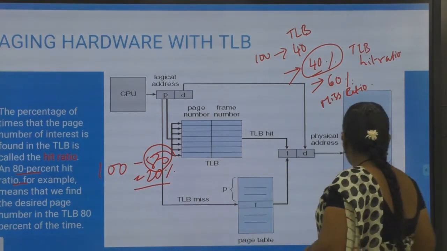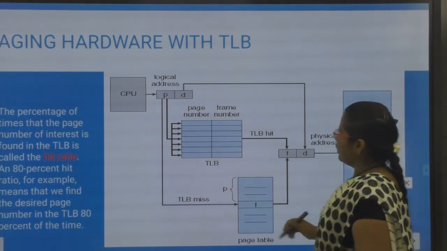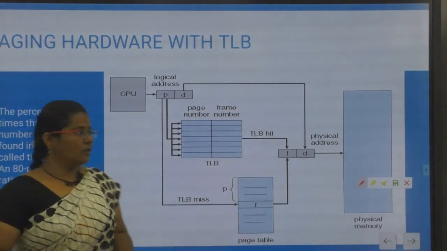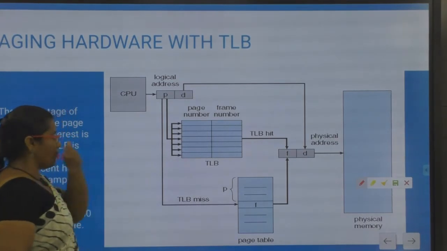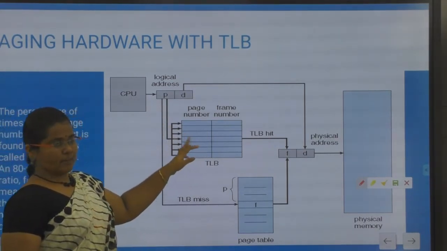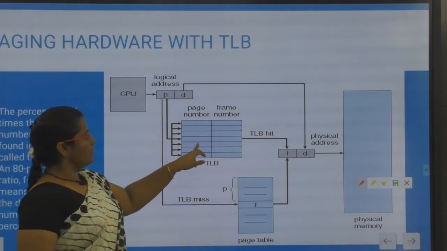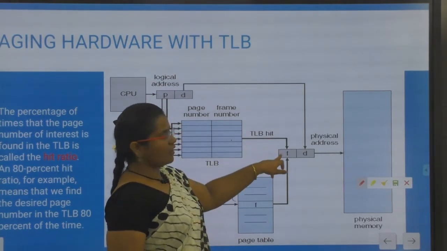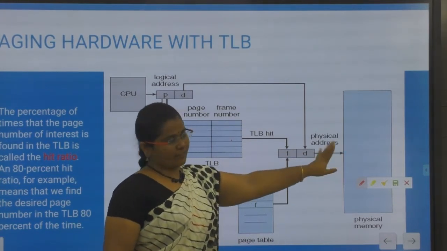Now let us go with the diagram here. The CPU will generate the logical address with page and frame numbers. First you will check with the TLB. If your page is present in the TLB, you will call it a TLB hit, get the frame number from the TLB, and take the offset to find the actual physical address.